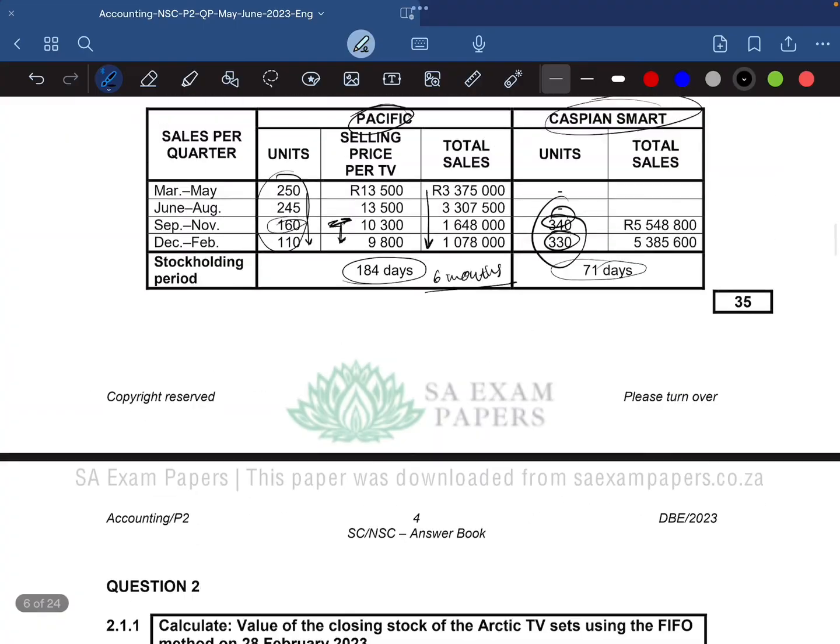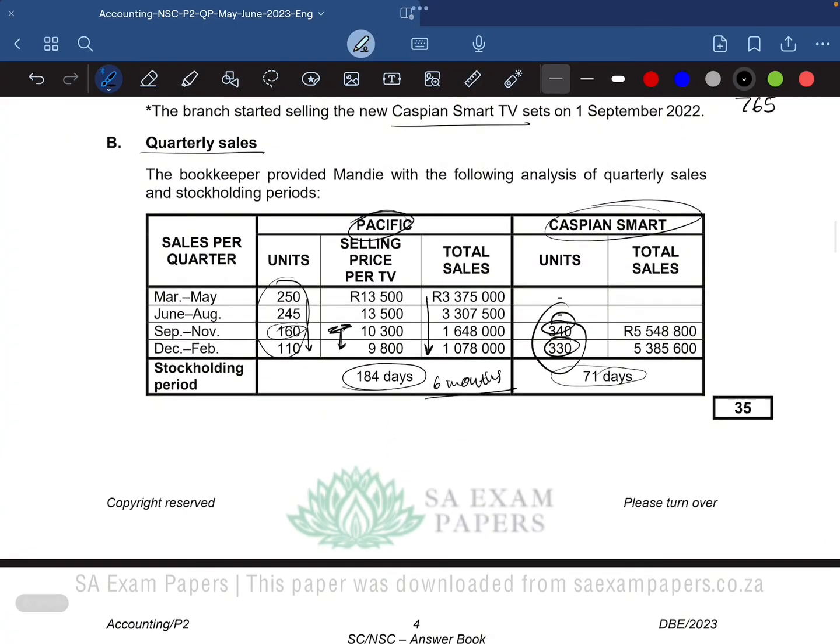So I'm just going to give you what else you could say in that answer. Here, if you could see, we have made 340 and 330 units of sales. So that means even if you decrease the price for these old TV sets, people are still not going to buy them, because you decrease the price, the number of units that you're selling also decreases, but people are still not buying.